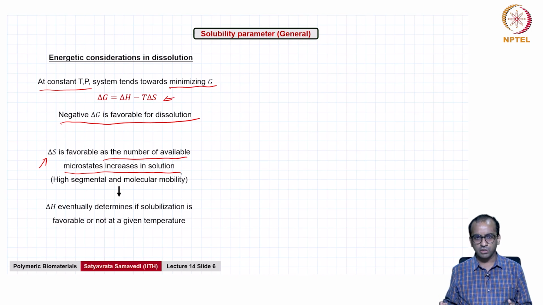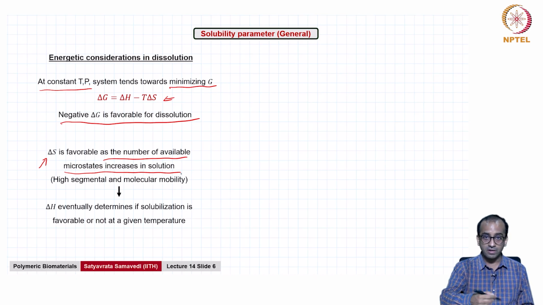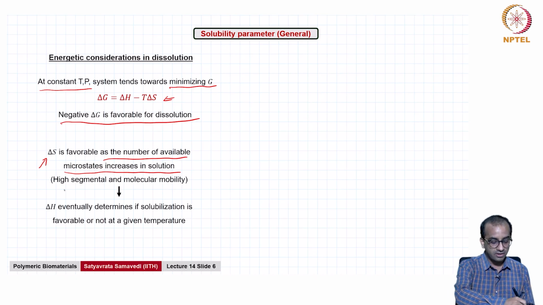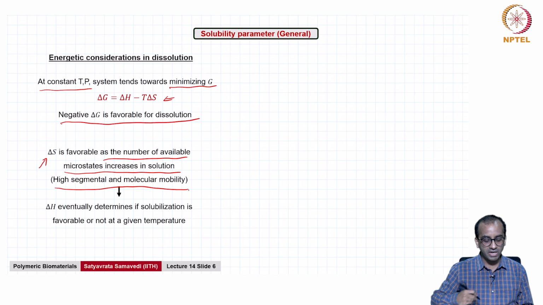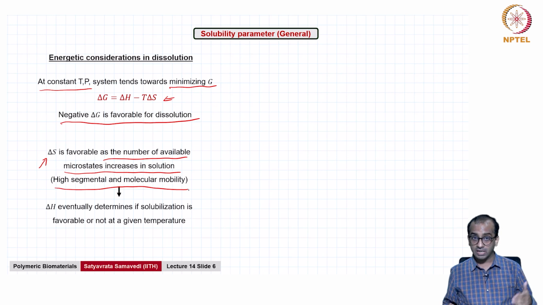This is true for mixing of two liquids, where the number of different conformations that the system can be in increases in the mixed state as opposed to the individual state. So, delta S is going to favor dissolution or mixing, where you have high segmental and molecular mobility leading to a larger number of conformations that the system can take, which we call microstates.